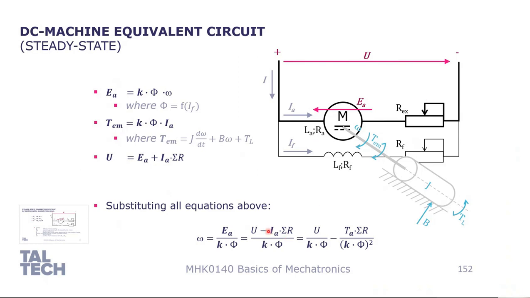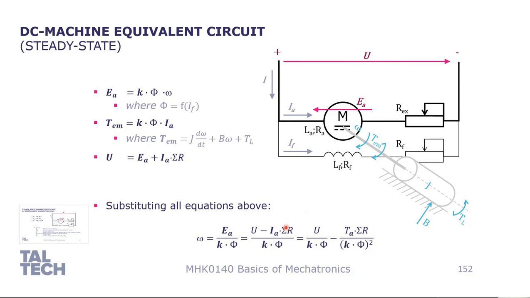We need to keep in mind that sigma R means that we are taking into account all resistances in this circuit. In this equation, sigma R equals R external plus R armature. But R external can be changed, so we need to keep it in mind.